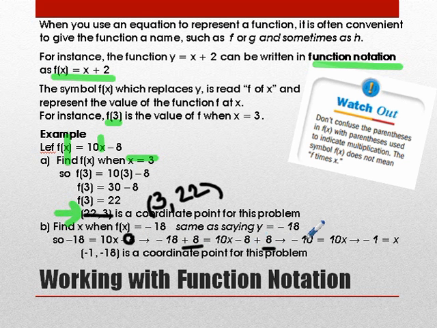Negative 18 plus 8 gives me negative 10. Then I'm left with negative 10 equals 10x. When I divide both sides by 10, I end up with negative 1 equals x. My coordinate point, this time I wrote it correctly: x is negative 1, y is negative 18. That's all there is to that.